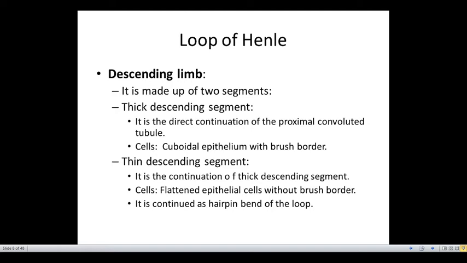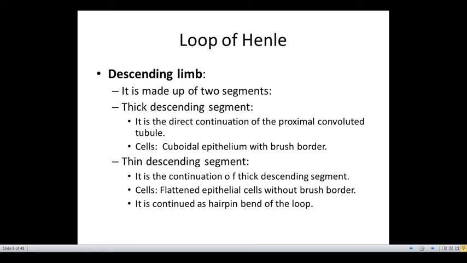The descending limb is made up of two segments: thick descending segment and a thin descending segment. The thick descending segment is the direct continuation of the proximal convoluted tubule. Its cells have a cuboidal epithelium with brush border.